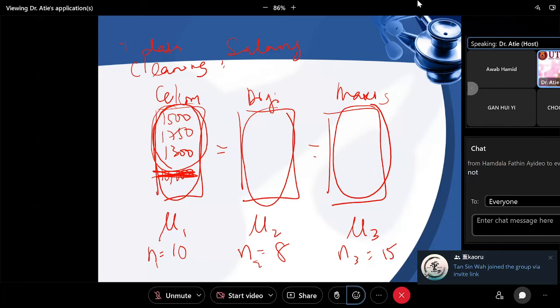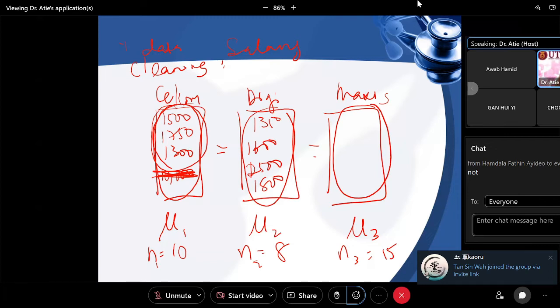So for example, in DG, let's say I found 1,350 and then 1,600, and then I have 2,500 and then 1,800. So DG is also settled. They are almost similar. They are not too far.